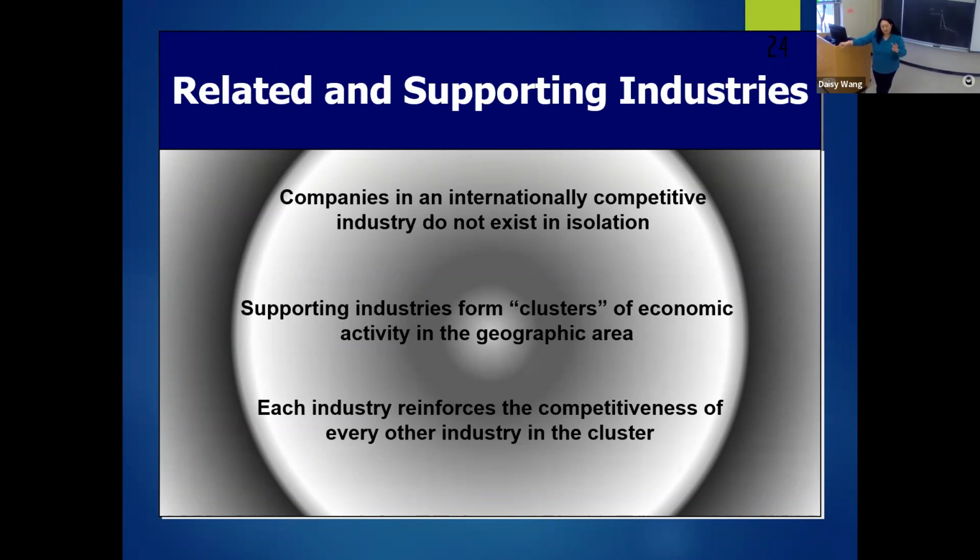BRICS. So can somebody guess what those countries are? It's Brazil, Russia, India, China. The last one is the most difficult one. What's the S?